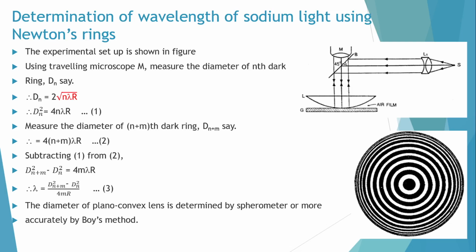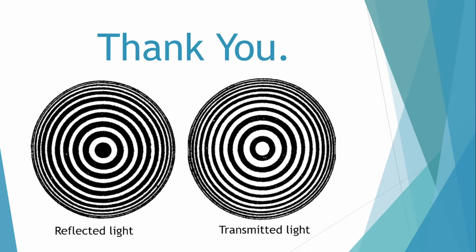Now this is the last slide. For comparison, we have shown the interference fringes, that is Newton's rings, for reflected light and transmitted light. You will find that the important difference is that the portion which was bright in the interference pattern of Newton's rings of reflected light is now dark in the transmitted light.